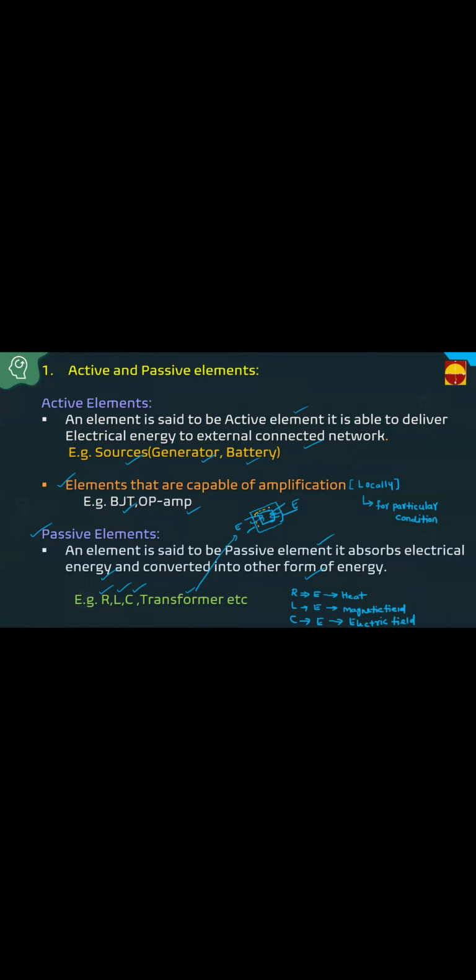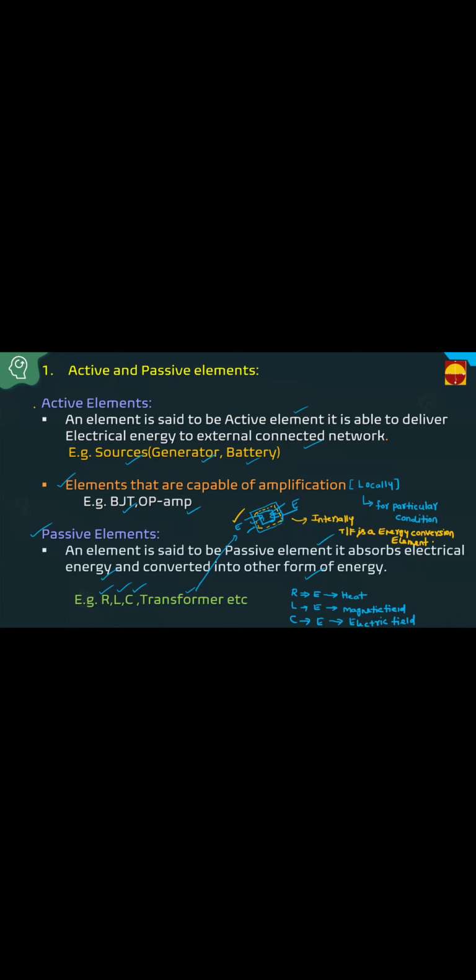Internally there is energy conversion. How is it internally an energy conversion element? We are giving electrical input, we are getting magnetic form. That's why it is also treated as a passive element.